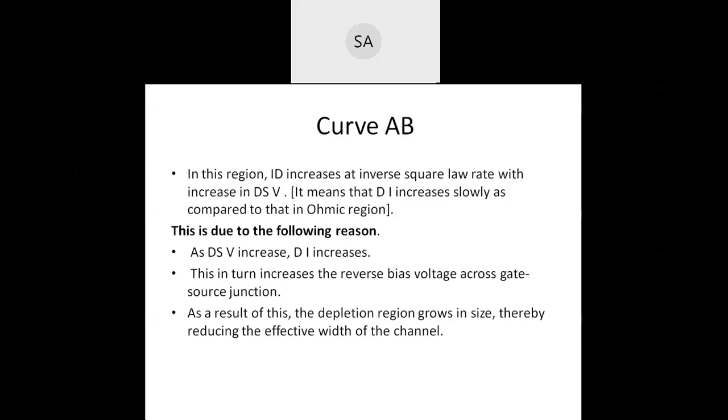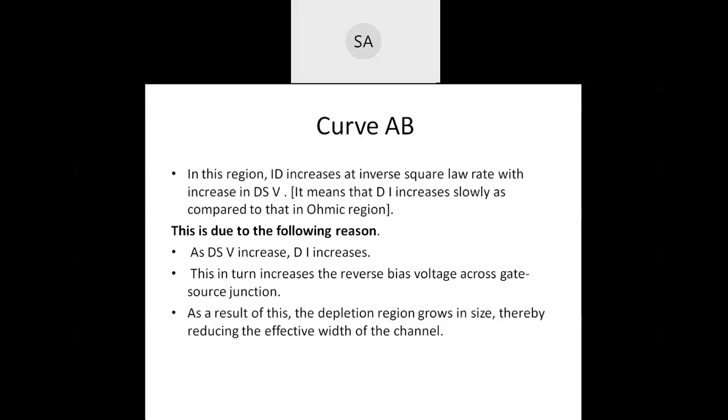So it is not equivalent to the ohmic region; it increases slowly, somewhat exponentially. This is due to the following reason. Why does this happen in curve A to B? As the drain to source voltage increases, the drain current increases, which we already know. This in turn increases the reverse bias voltage across the gate to source junction.